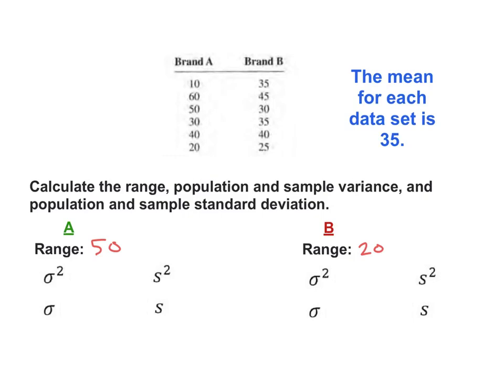So let's talk about how to enter all this into our calculator. Fortunately, we already have experience entering lists into our calculator. And so we're going to do the same thing. So if you recall, if you hit the stat button and then edit, you'll get your page with your lists.